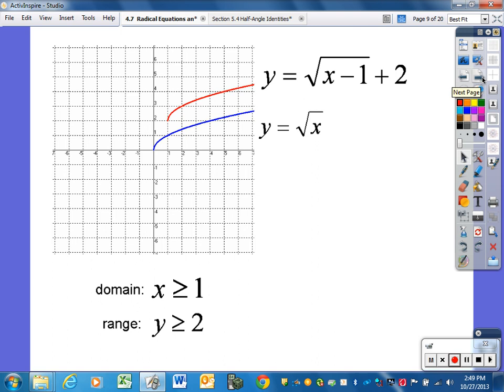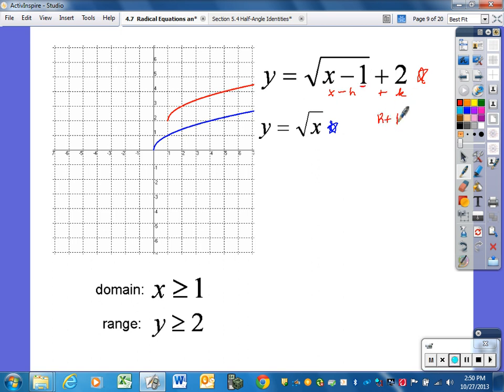So now, y equals square root x is in blue. And let's see how we got the red one. X minus h plus k. Do I still have that same parent function idea occurring? So what is my shift?